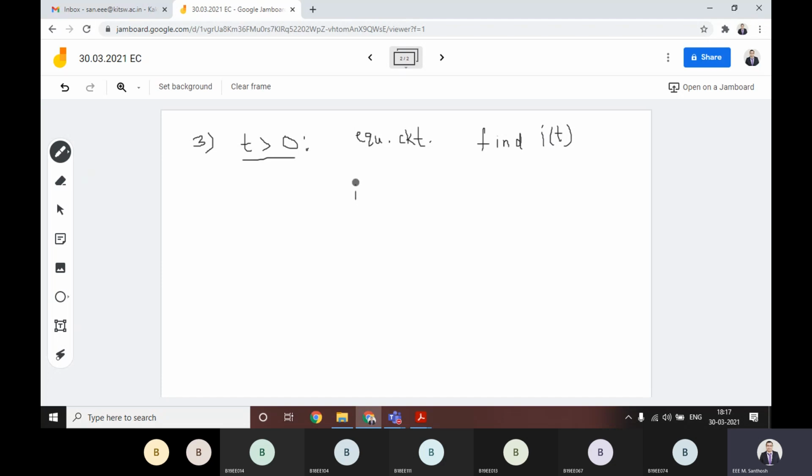This I of t is for charging, you know already. For the charging, this value is I naught into e power minus t by tau. This is what we have discussed in the previous class, right? This tau is the time constant in case of the RL circuit. This is what we have to do.